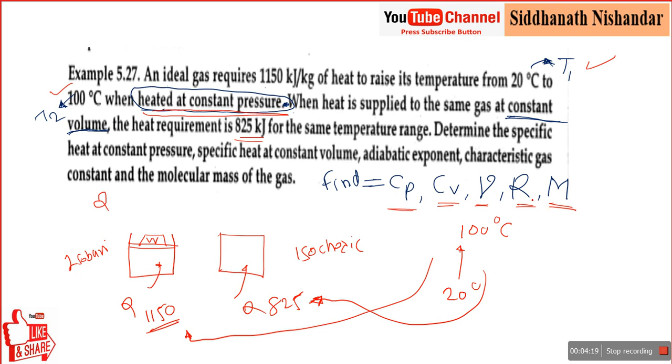What we observe from this numerical is that heat supplied at constant volume takes less energy to achieve the same temperature, while the isobaric process takes more heat to achieve the temperature rise from 20 to 100 degrees Celsius.